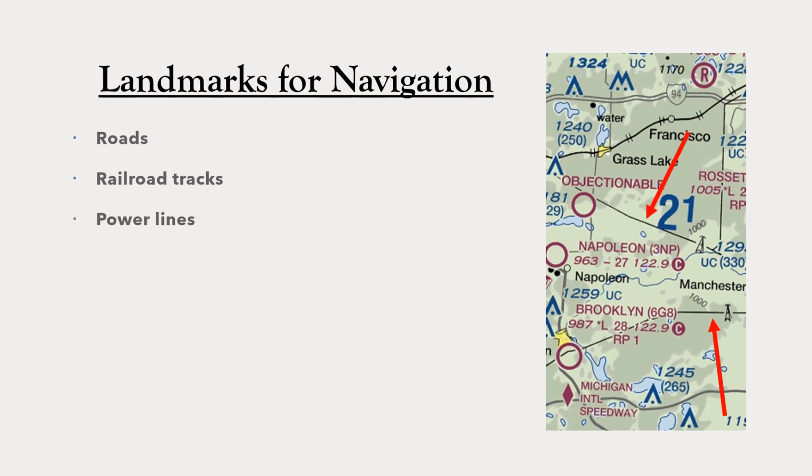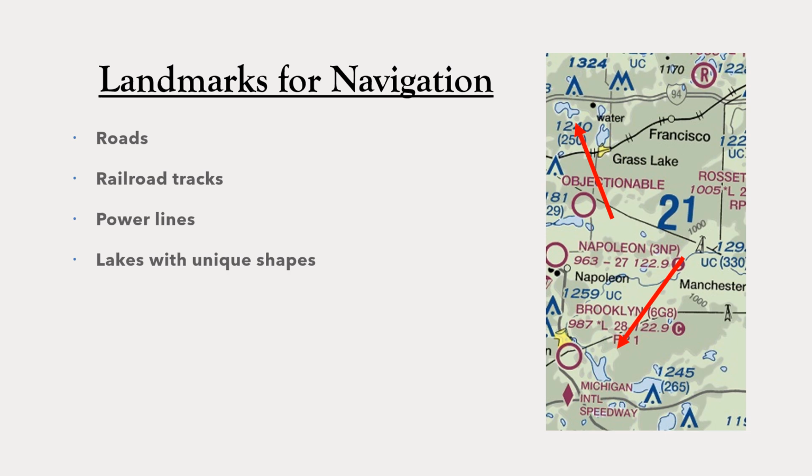Power lines can make decent landmarks, especially in combination with other landmarks. Lakes that have unique shapes, like a couple of these lakes, can be pretty good landmarks, especially if there's some other landmarks around them to confirm that you're looking at the right lake.